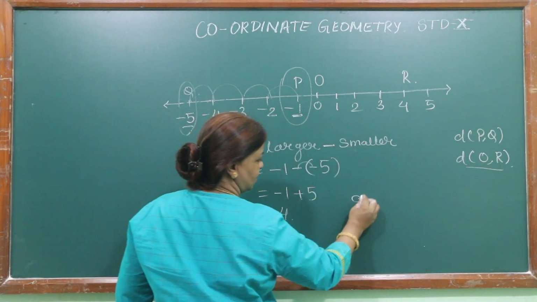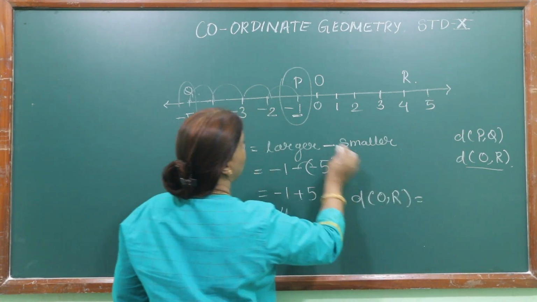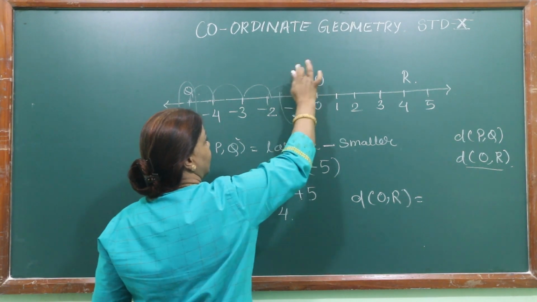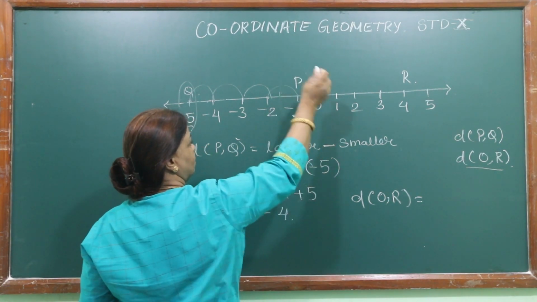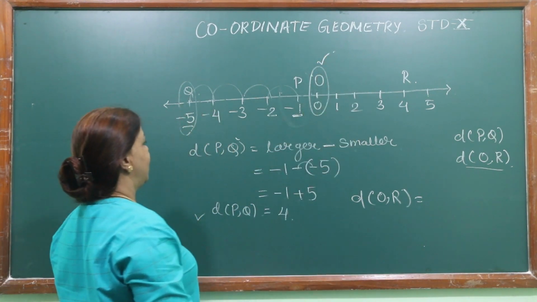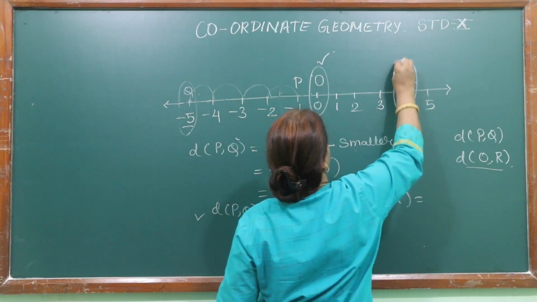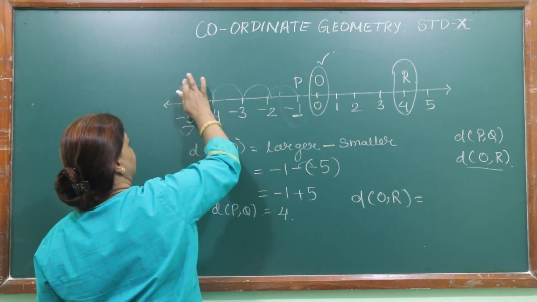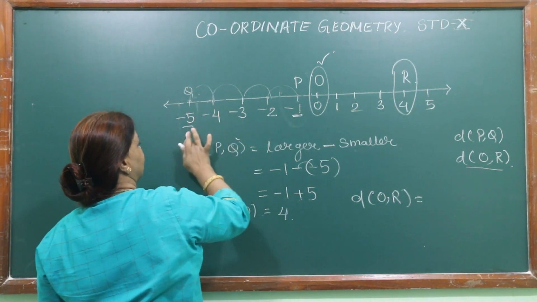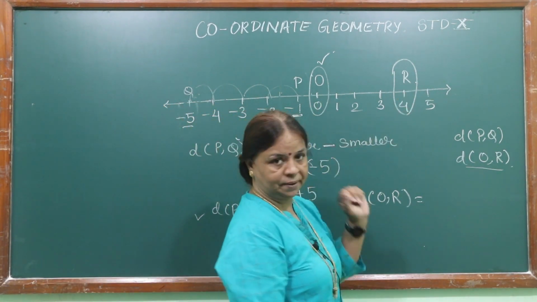Let us measure distance O, comma R. Now O coordinate, let me erase this. O coordinate is 0 and R coordinate is 4, children. Let me rub this so it doesn't create any confusion. And we want to find out distance OR.